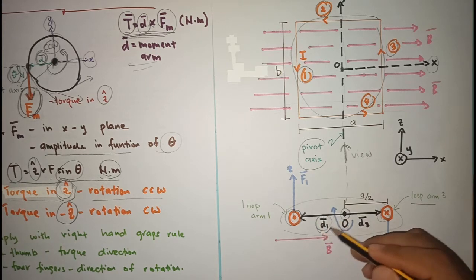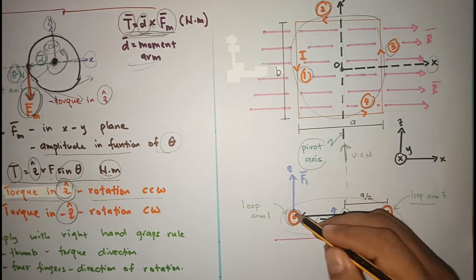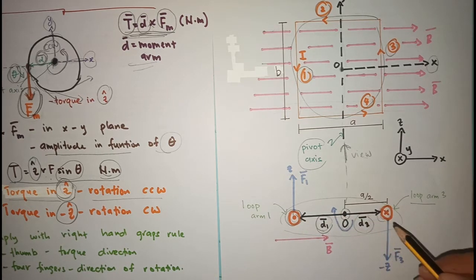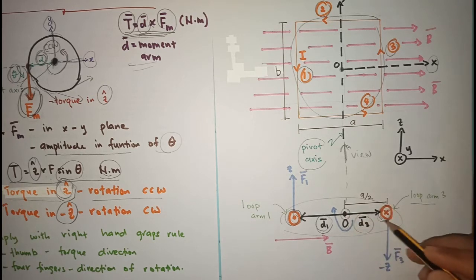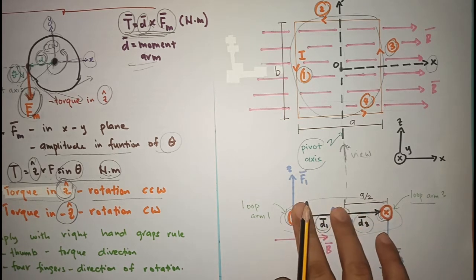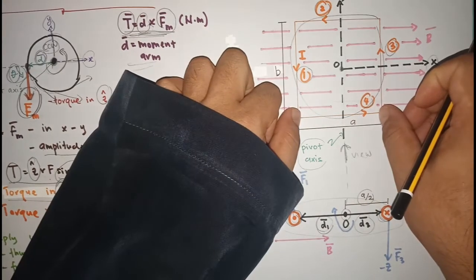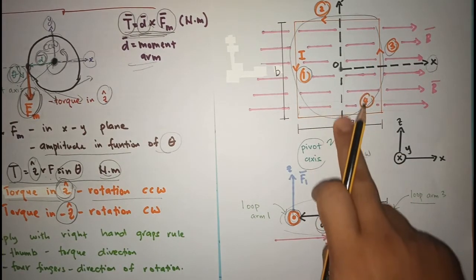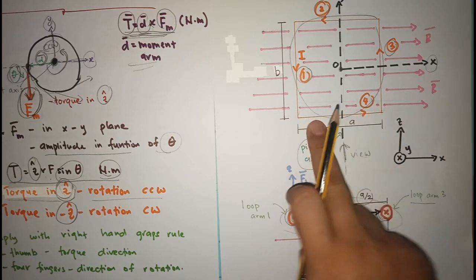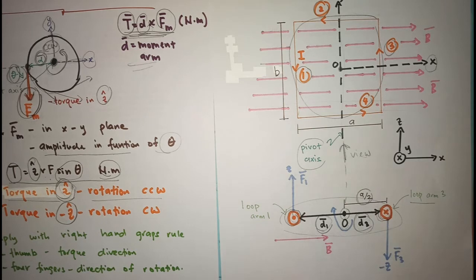The vector d1 represents the direction and distance between our pivot axis and loop arm 1, and the vector d3 represents the distance and direction between our pivot axis and loop arm 3. The magnitude of this vector is equal to half A, because the width of this loop is equal to A, and our pivot axis is located at the center of this length. That's why the magnitude for this vector is equal to half of A.